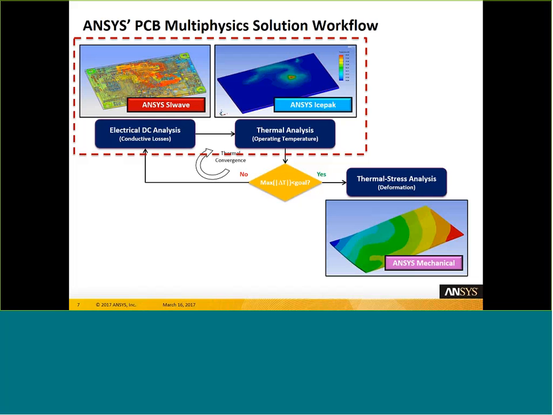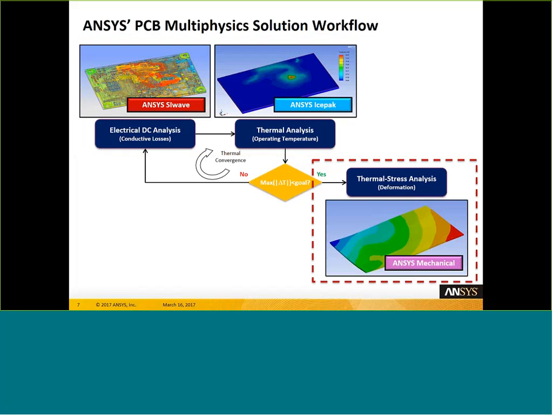Once you have thermal convergence, you can then move on to the next stage of the analysis and consider mechanical reliability. So using SI-Wave and ICEPACK gives you clarity on electrical and thermal reliability, and then you can transfer that converged temperature map in ICEPACK into ANSYS Mechanical and perform a thermal stress analysis.